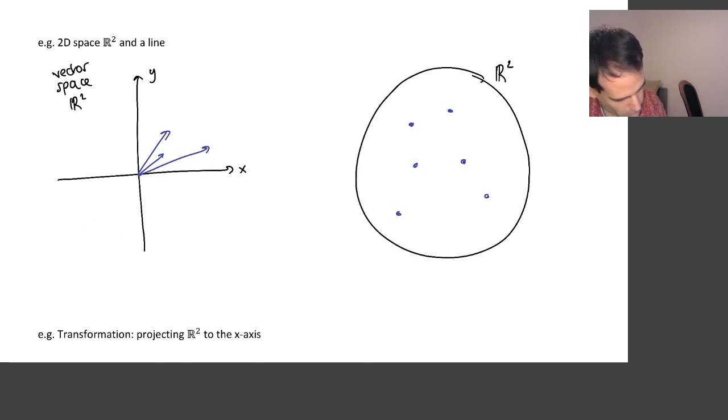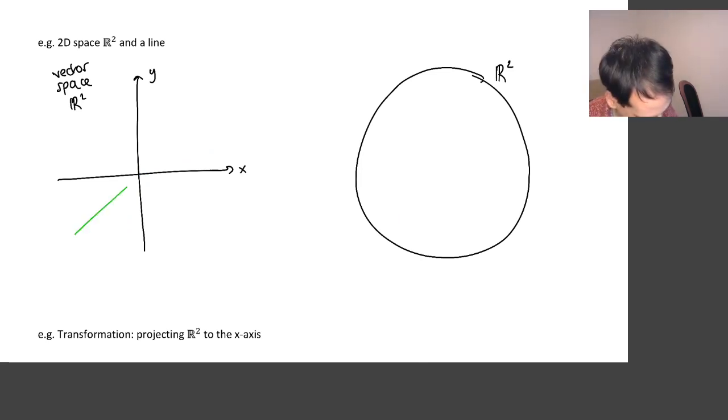Now, imagine that inside this vector space, I now draw a line. Remember from chapter 1, if this line crosses the origin, this line is in itself another vector space. It fulfills all the axioms of a vector space. So we could say that this is a vector space L for line. We give it this name.